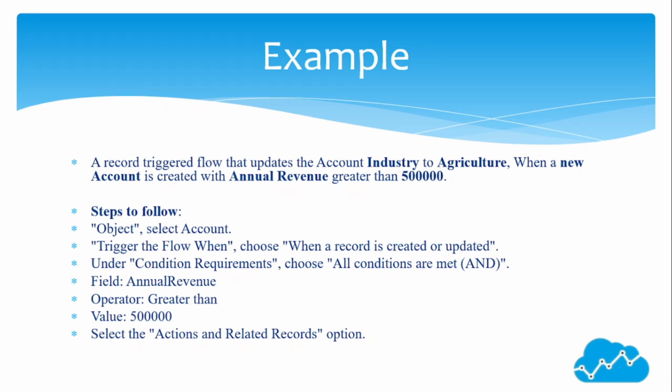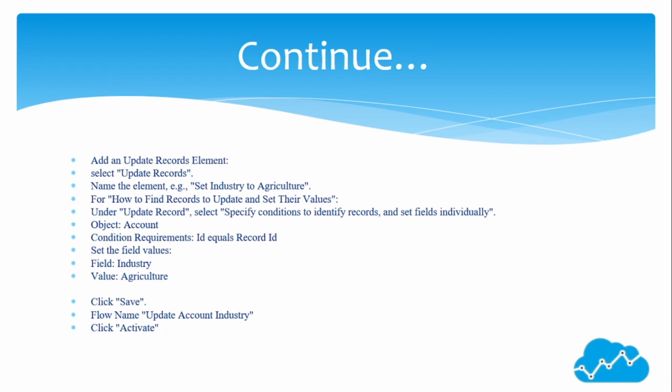Select the actions and related records option. Then add the update records element. Select update records. Name the element, for example, set industry to agriculture. For how to find records to update and set their values, under update record, select specify conditions to identify records and set fields individually.